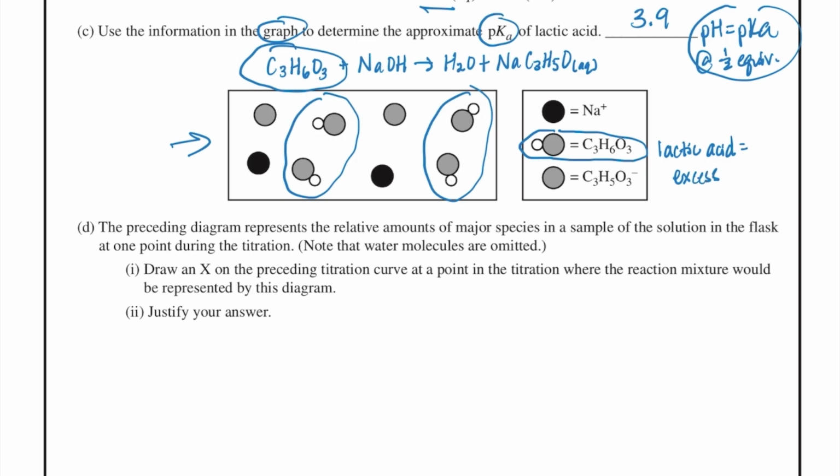When I say excess, I just mean that there's more of it. As you've titrated, I have some sodium ions and some conjugate base ions, but I still have more acid than I do conjugate base. Therefore, the acid is excess, and not all of it has been neutralized.